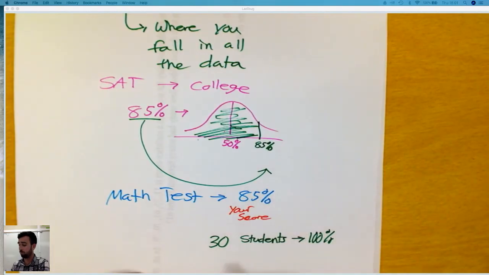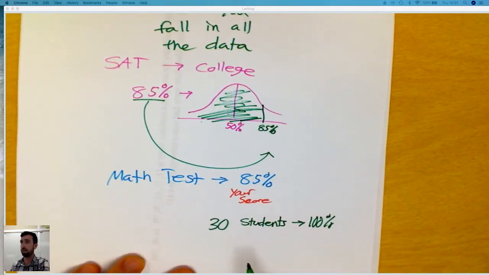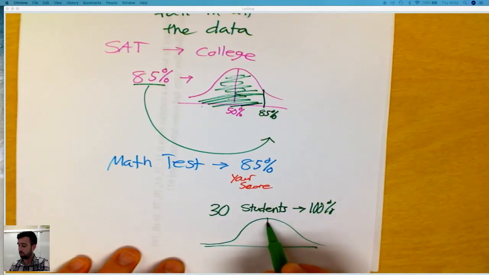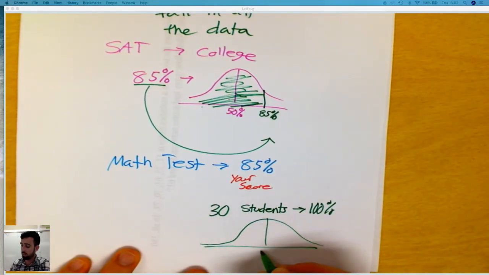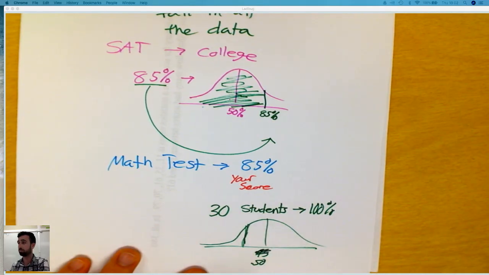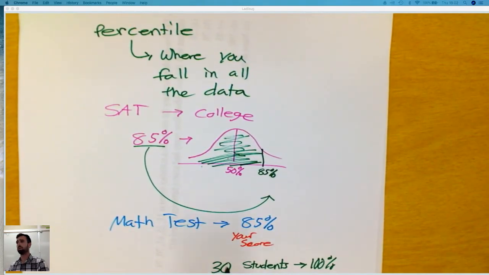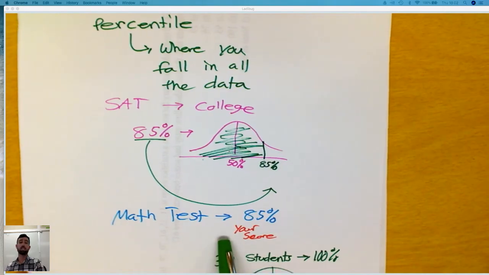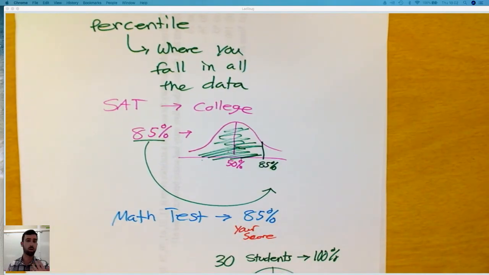So you're actually going to perform in the bottom relative to your other students. If this was a normal curve, 30 students scoring 100% is going to be around here. This is the 50th percentile, half the data, so you would probably be over here. So once again, percentile means where you fall in the data. Percentage just means the percent you got on the exam, or the proportion, I should say. Hopefully that was helpful, if I understood your question correctly.